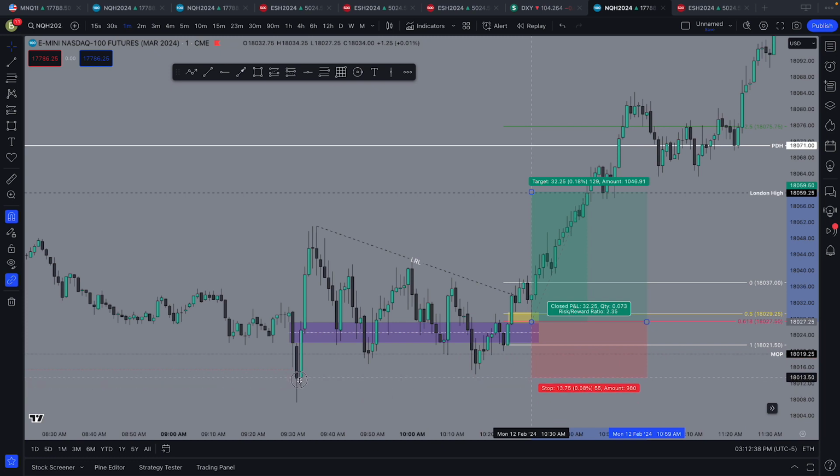Could have a safe stop down there, and that's already over 2 to 1. Targeting PDH gets you a 3 to 1. That 2.5 standard deviation, excuse me, would be even more. But to be reasonable, a 3 to 1 trade right there is great, to be honest.